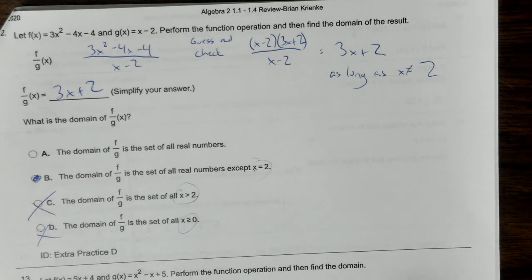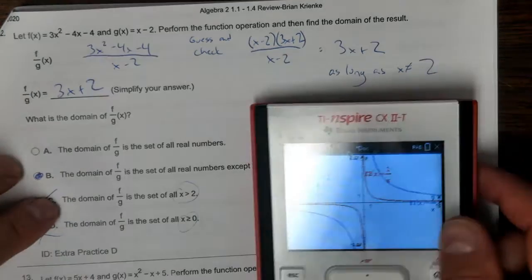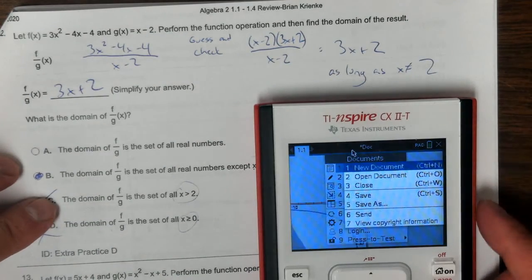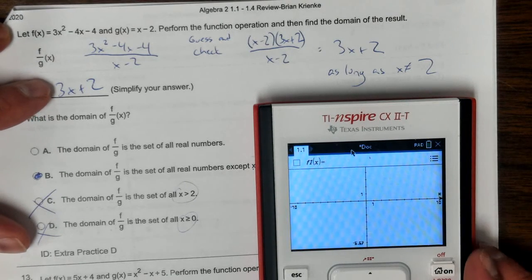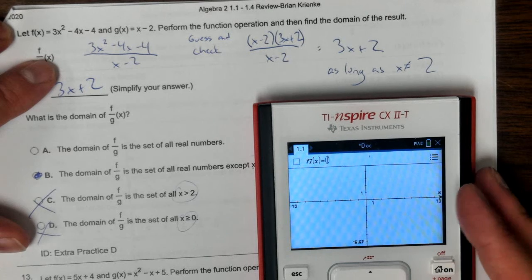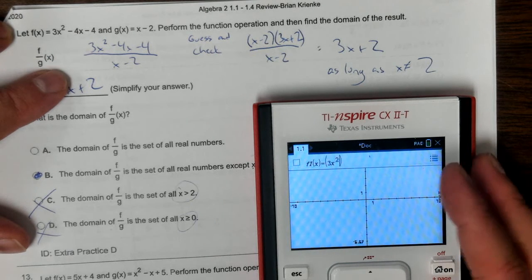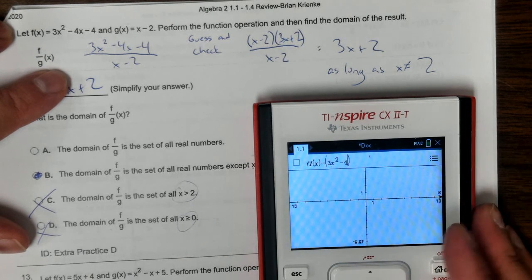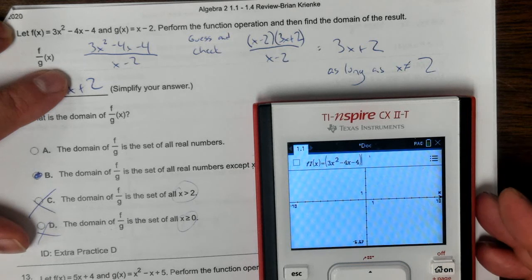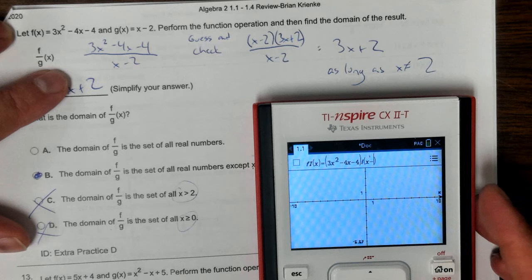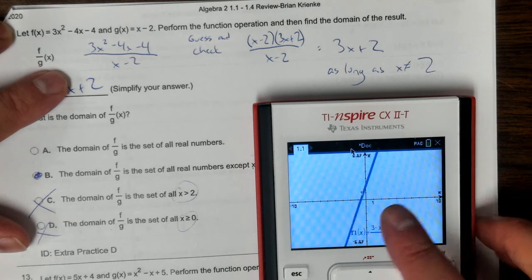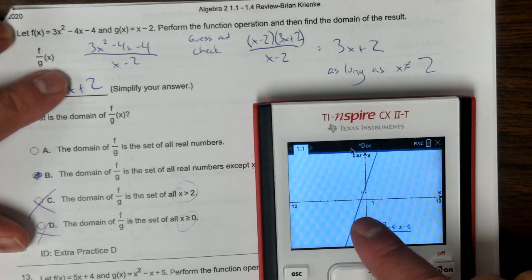So again, one more thing I wanted to show was, if you go to your document, just to show you how similar these are, if you do 3x squared minus 4x minus 4 as your numerator, and then you do x minus 2 as your denominator, it's going to look like that, which is linear.